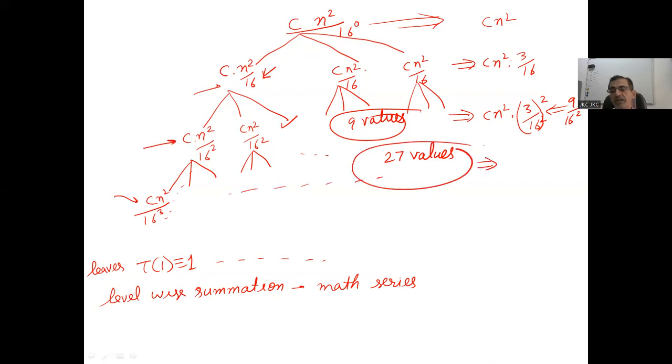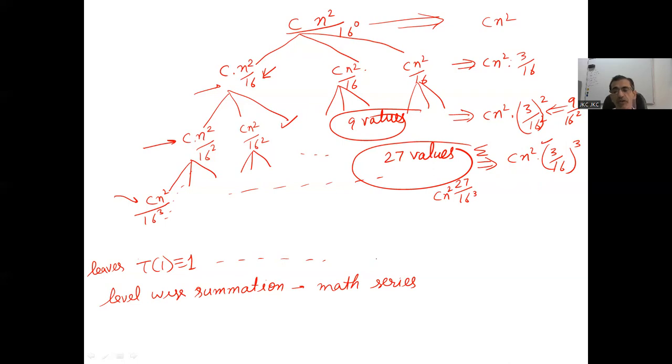The summation of this level will mean Cn square into 3 by 16 cube, because downwards is 16 cube and above is 27, so 27 by 16 raised to cube Cn square.